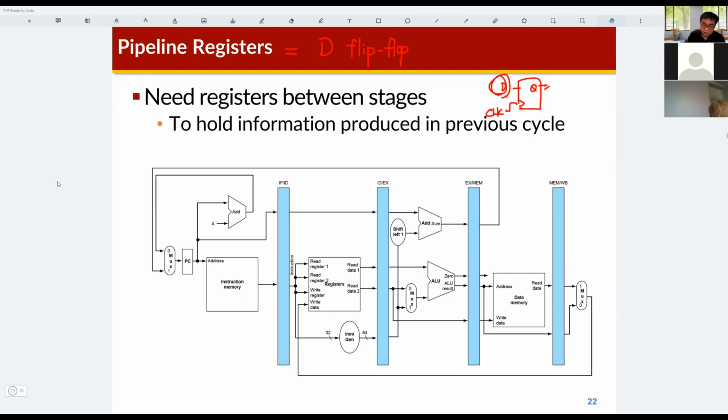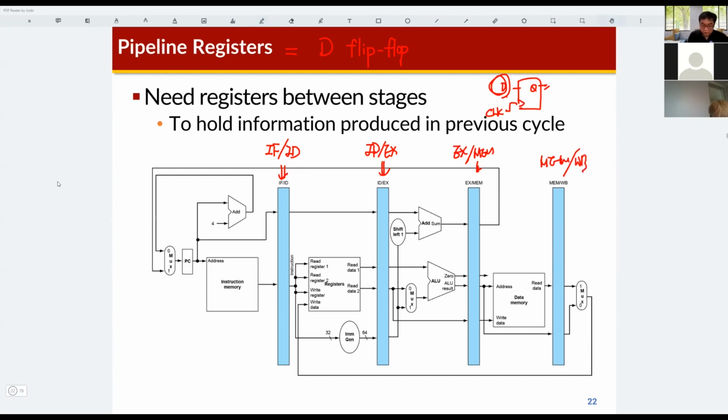For this pipeline register, it's called instruction fetch / instruction decode, which means it is located between the instruction fetch and instruction decoding stages. It's the same for the other pipeline registers: ID / EX here, EX / memory here, memory / write back here.